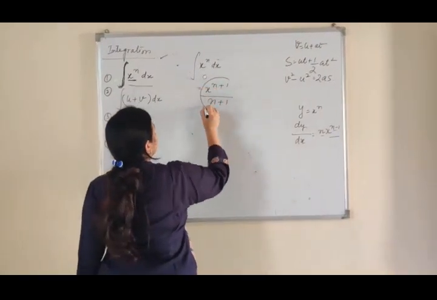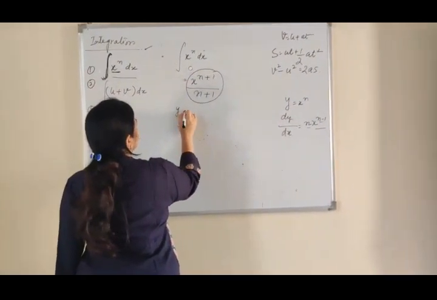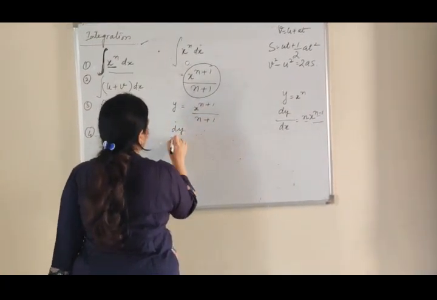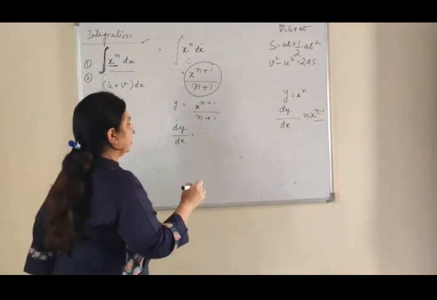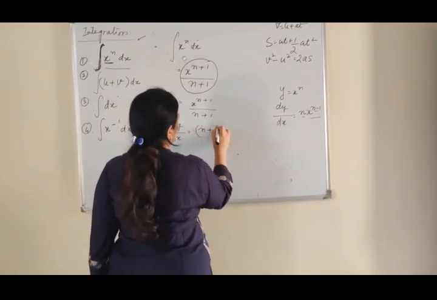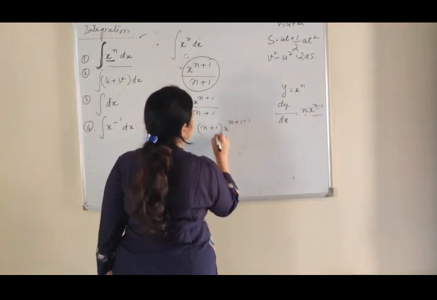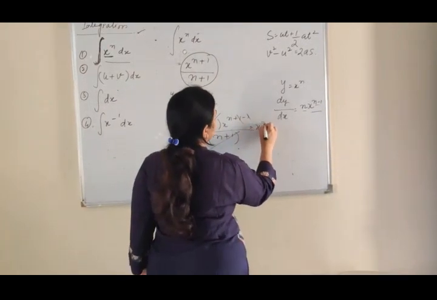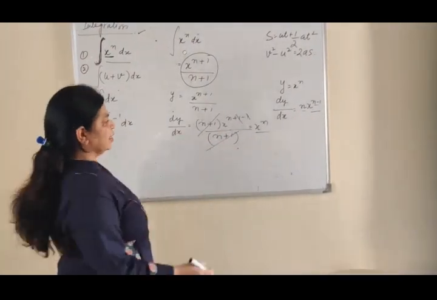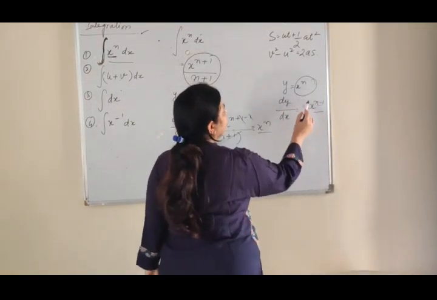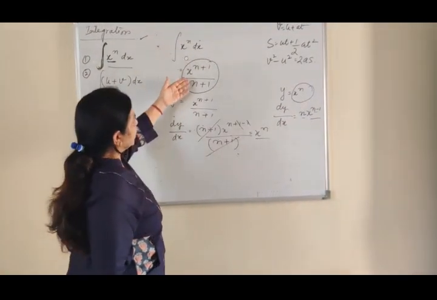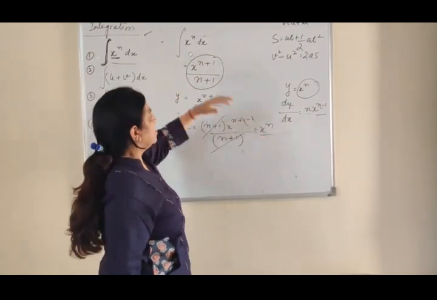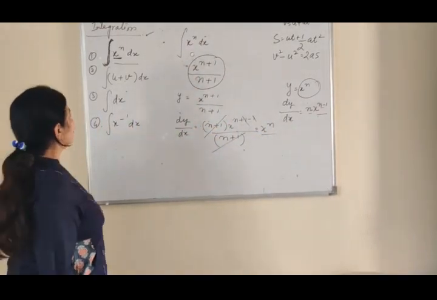Now see, if I differentiate this term, if y is equal to x power n plus 1 divided by n plus 1 and I am doing the differentiation, you will see that this will be n plus 1 into x power n plus 1 minus 1 divided by n plus 1. So this is again x power n. So you can see that if we are differentiating, and if we are doing the integration and then we are again differentiating, we will reach the same term. It means both these phenomena are inverse of each other.